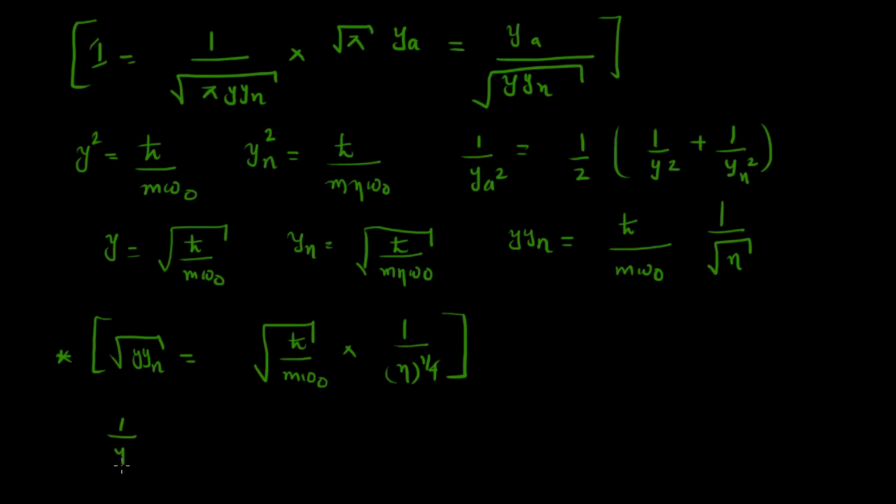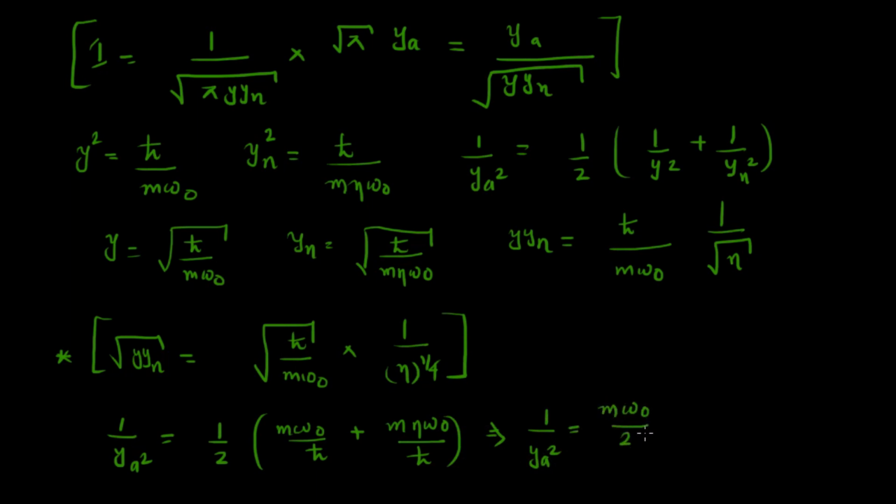We can solve that like this: 1 over 2, and y square is h cross by m omega naught, so this will be m omega naught by h cross plus, this is yn square, this will be m eta omega naught divided by h cross, which implies 1 by ya square will be m omega naught by 2h cross into 1 plus eta, right?